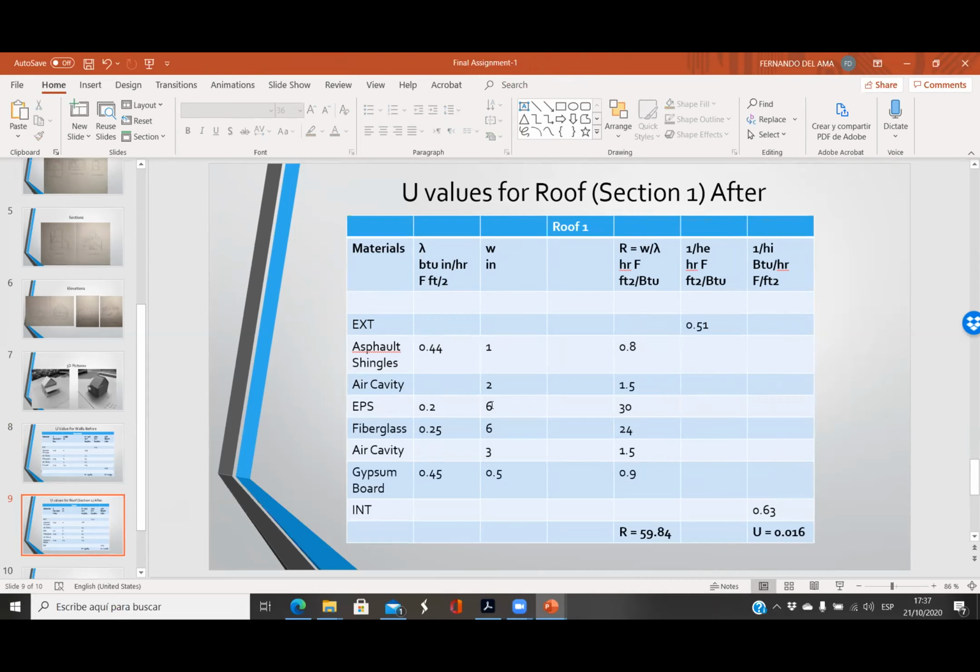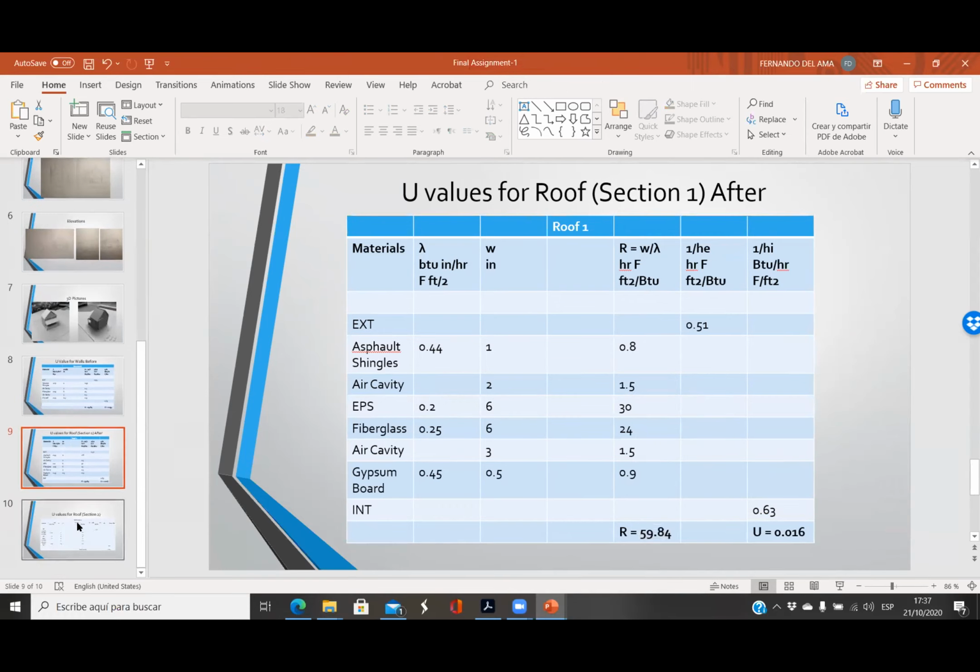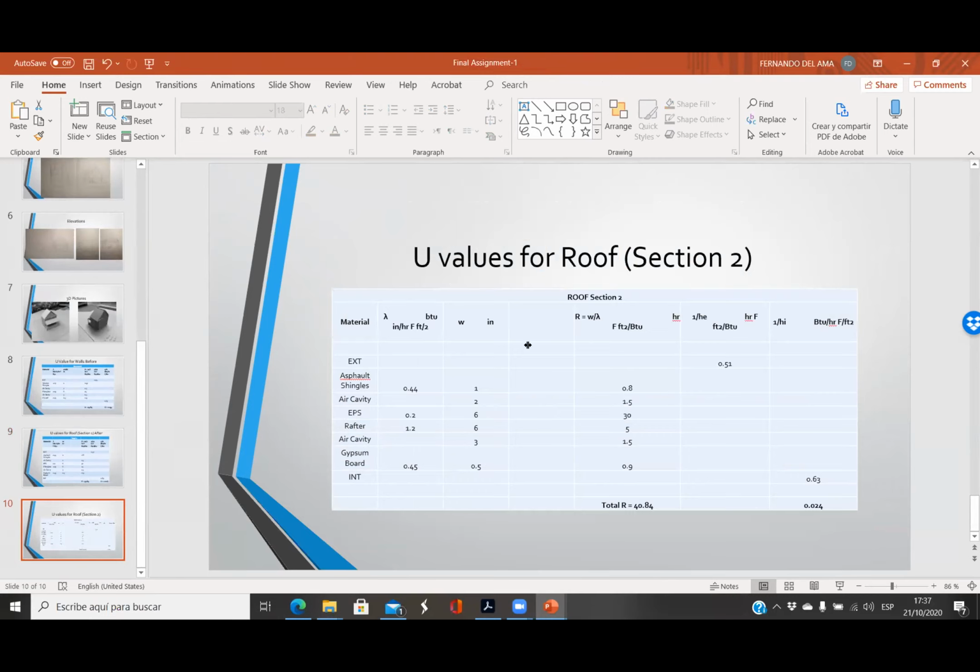Okay. And for the before, this should be 2 inches of EPS. Because this value is good enough, but we need a first option that doesn't meet the passive house requirements. And then for section 2, this is for rafters.